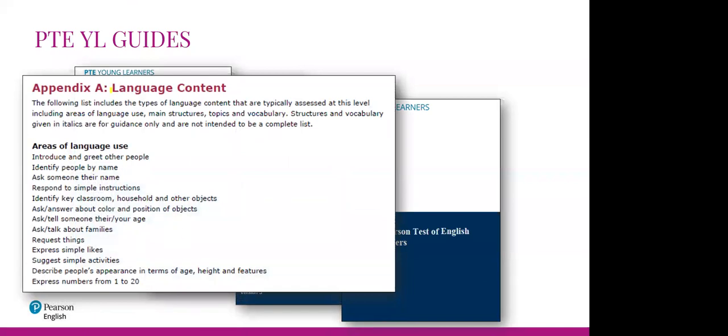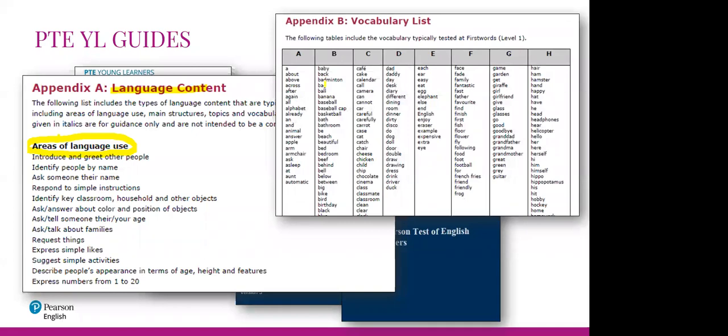This language content provides you with some elements of language that are tested in the examination: areas of language use, vocabulary areas, main structures, topics covered in the examination. It is very important that you are aware of what is tested at a particular level, and you can incorporate this knowledge into your teaching, into your classroom.